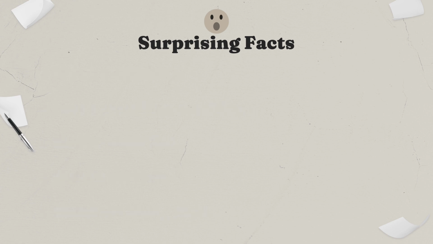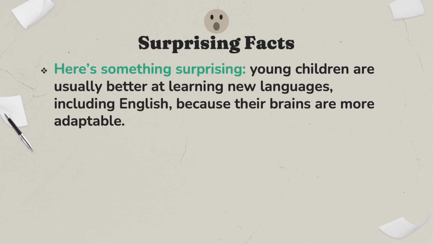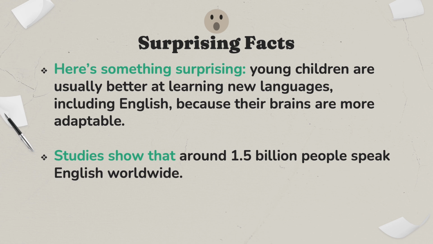For our first example, we have here's something surprising. Young children are usually better at learning new languages, including English, because their brains are more adaptable. Then we have studies show that around 1.5 billion people speak English worldwide.